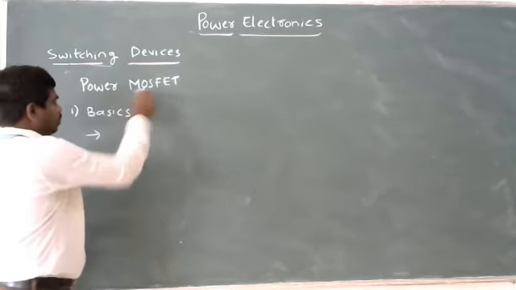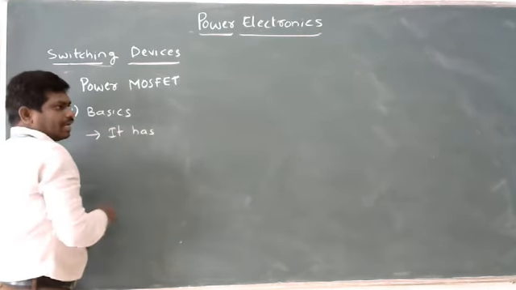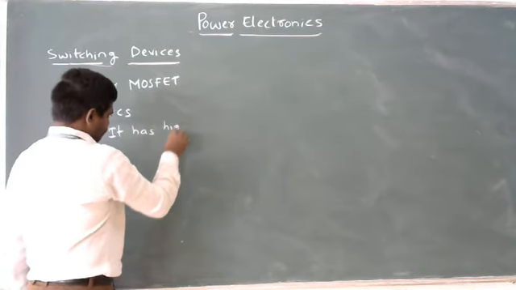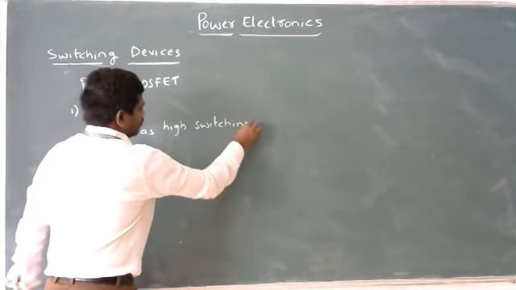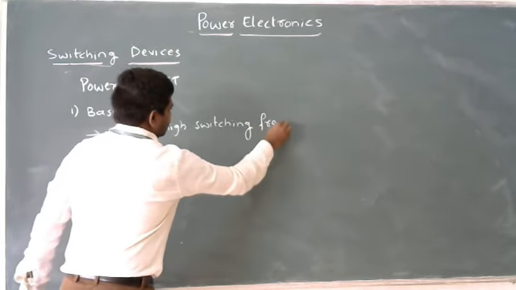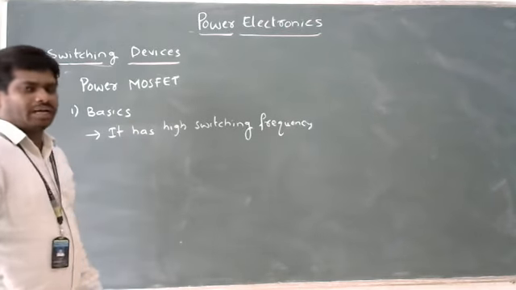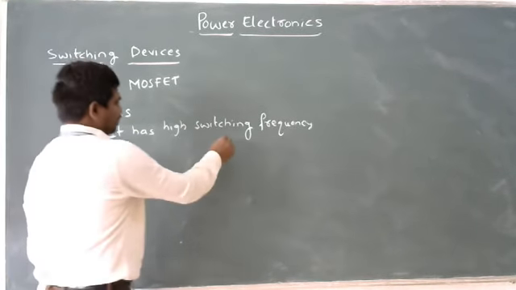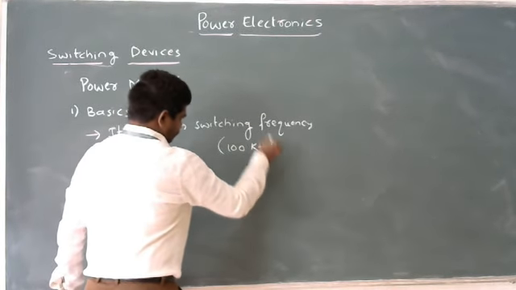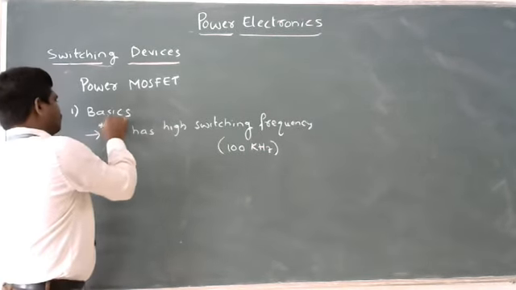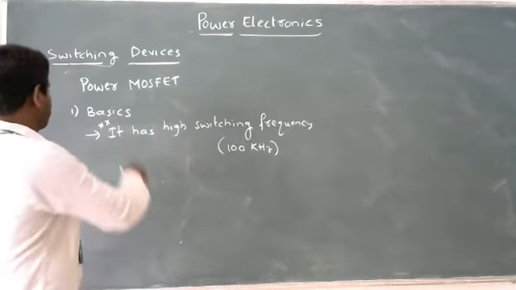The property of this power MOSFET is high switching frequency, up to about 100 kilohertz. It's very important. Based on this property only, we use this power MOSFET in many applications.